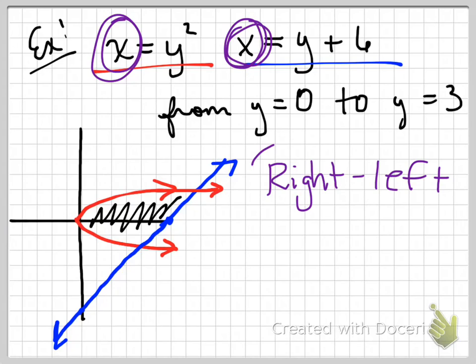Because everything we're going to do is going to be in terms of y's now. My right curve from my picture is my line, so the right curve is y plus 6, and the left curve is y squared.